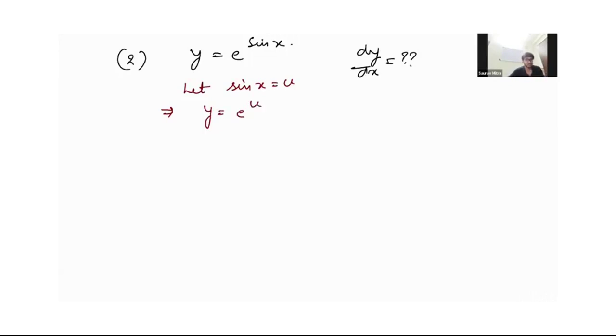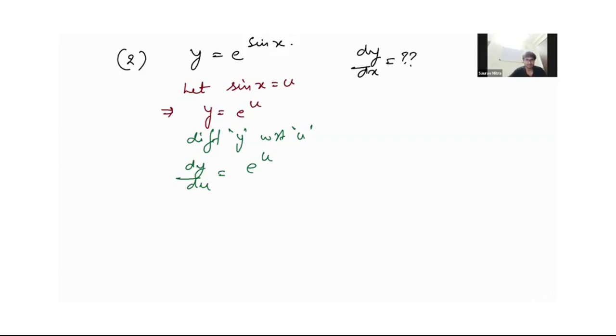First we will differentiate y with respect to u. Now dy by du is equal to e to the power u.